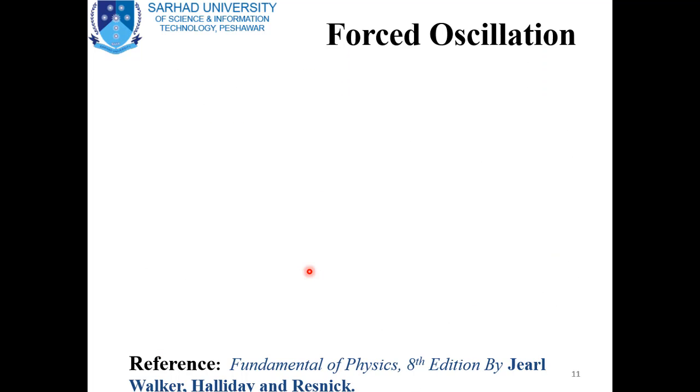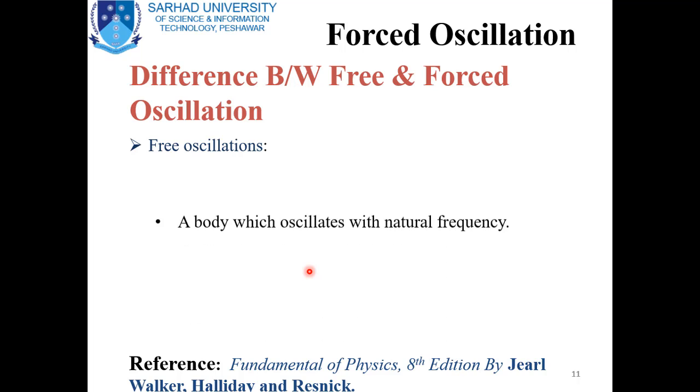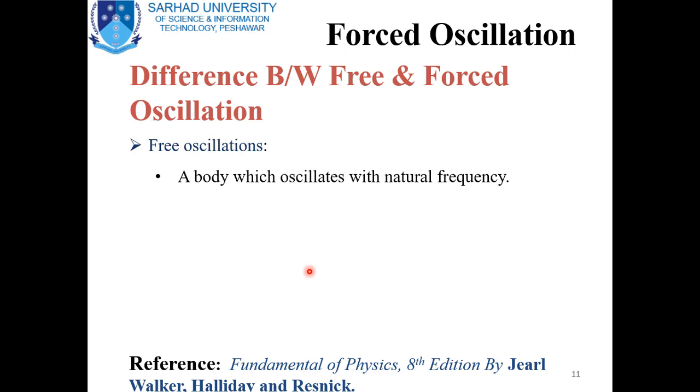Our next topic is forced oscillation, and in this slide we will discuss the difference between free and forced oscillation. Free oscillation is when a body oscillates with the natural frequency. Consider a person swinging on a swing without anyone pushing it, which is an example of free oscillation.